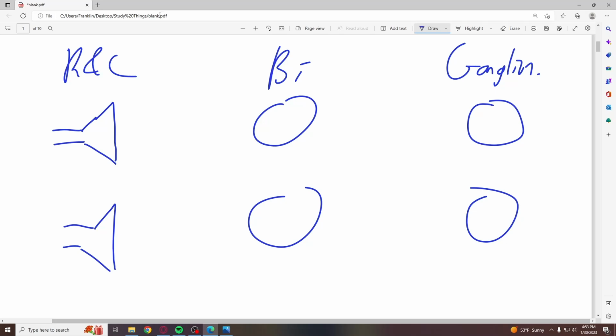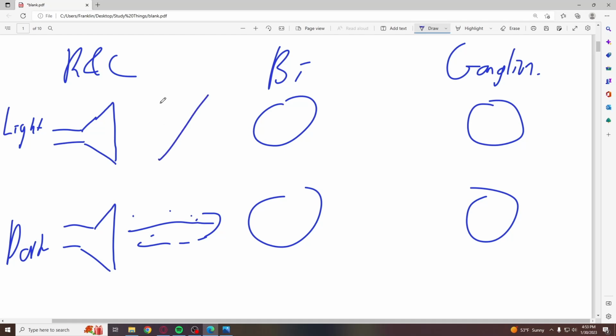So these are the rods and cones, these are the bipolar cells, these are ganglion cells. In the case with dark, it's sending the glutamate here, but in the case with light there's no glutamate here. And because of this, there's different interactions with the bipolar cells.